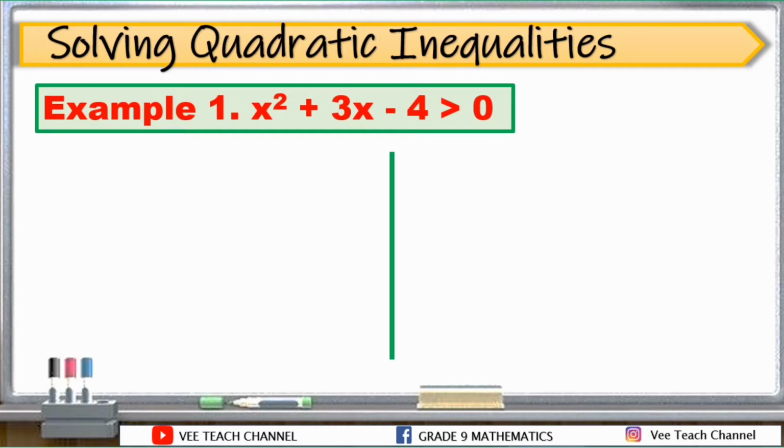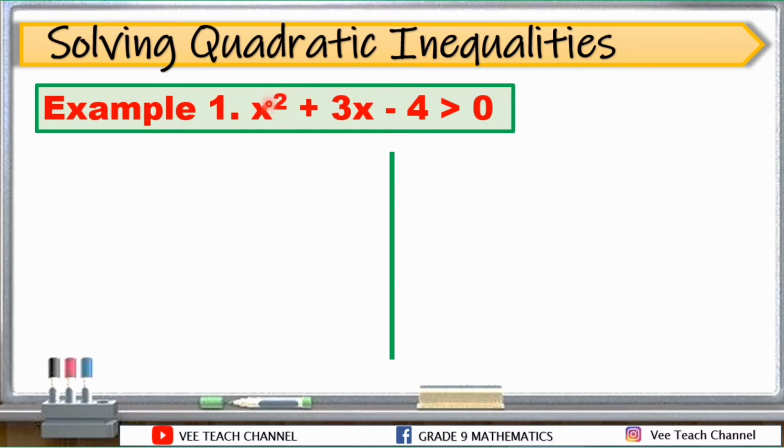Example number 1, x squared plus 3x minus 4 is greater than 0. Ang ginamit nating inequality symbol ay greater than. And nakita nga natin, ang highest exponent niya ay 2. Kaya this is a quadratic inequality.